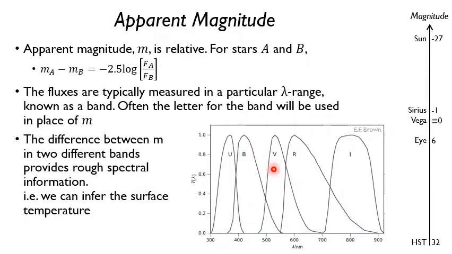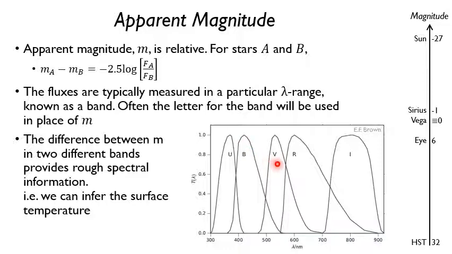If it's a very hot star, remember that high temperatures peak at lower wavelengths, so a hot star is going to have a lot more blue and a lot less visual. A cooler star, on the other hand, is going to peak at larger wavelengths, and so your V magnitude is going to be larger relative to your B magnitude.